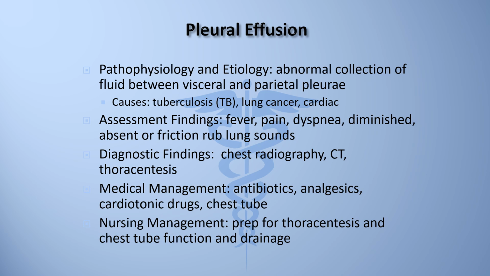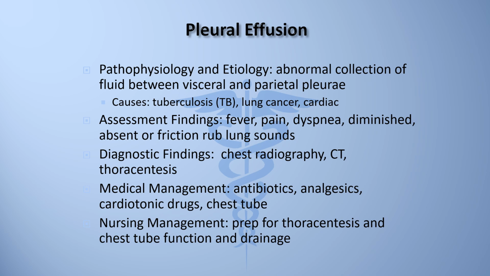For us, nursing management is we're going to learn how to prep for a thoracentesis, and we're going to learn the functions of the chest tube and how they drain. So normal fluid in the pleura is about 5 to 15 mLs because that helps with the friction. So anything above that is what is going to cause this pleural effusion.